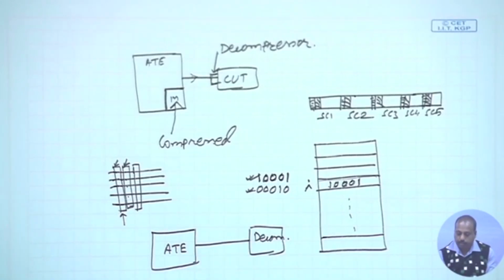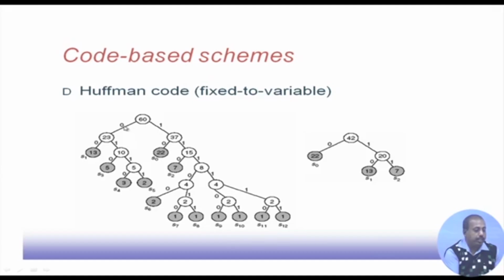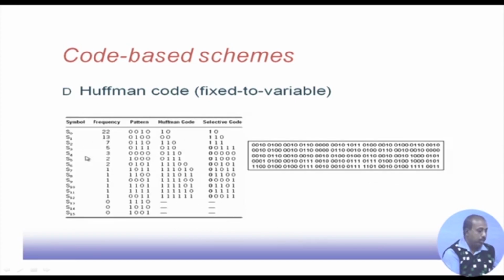Now, if we get a 0 at the line, then we know that the next bit, so we come to this side, and then if we again get a 0, we know that the symbol we are referring to is S1. So, this S1 is 0 0. So, you see that this is the pattern.